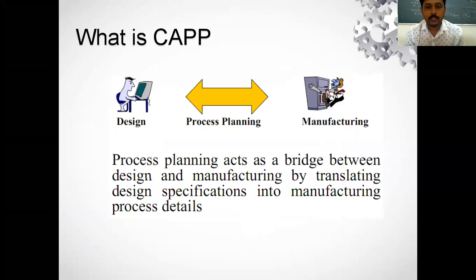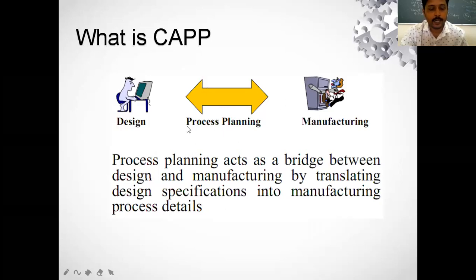So if you see the slide here, in the presentation, we can see that there is a design process going on here and there is a manufacturing process going on here, and in between these two things we have process planning, with arrows towards design as well as towards manufacturing.